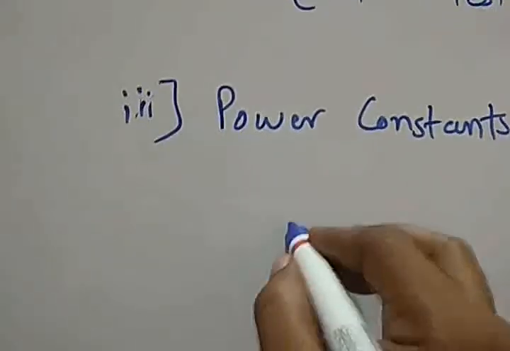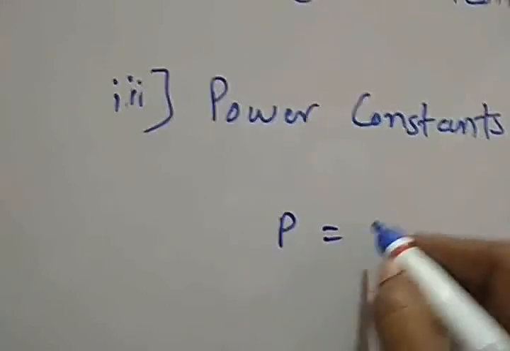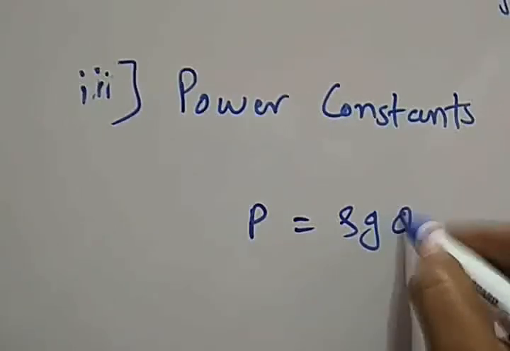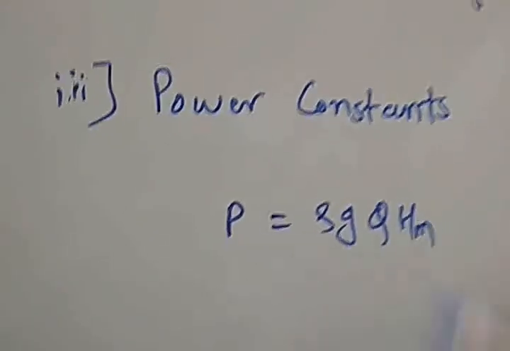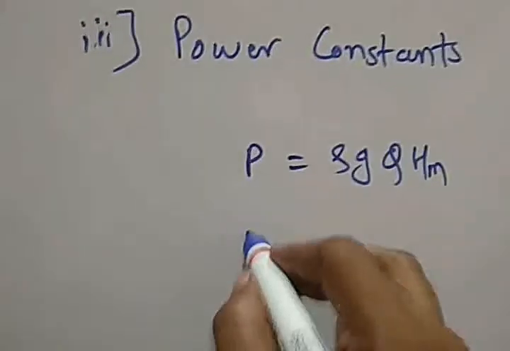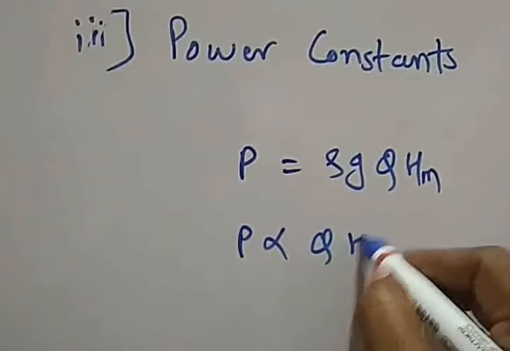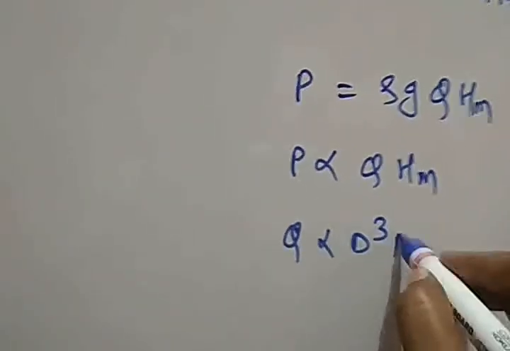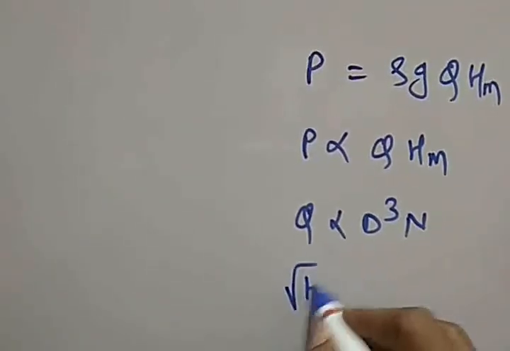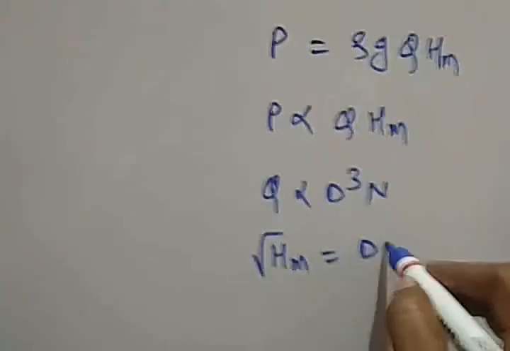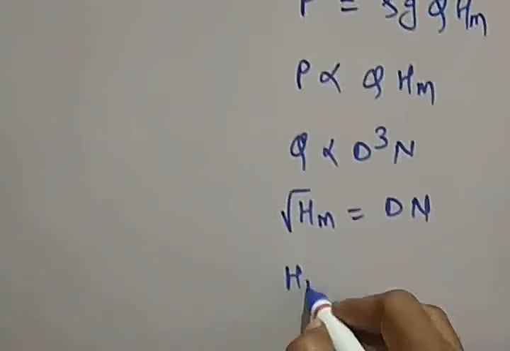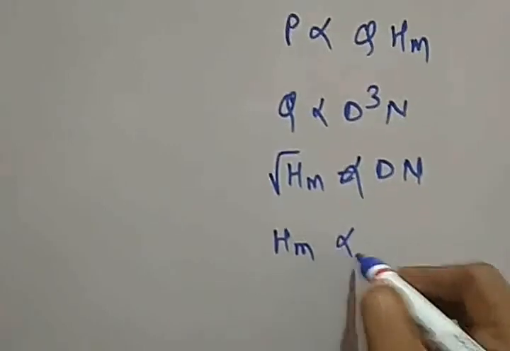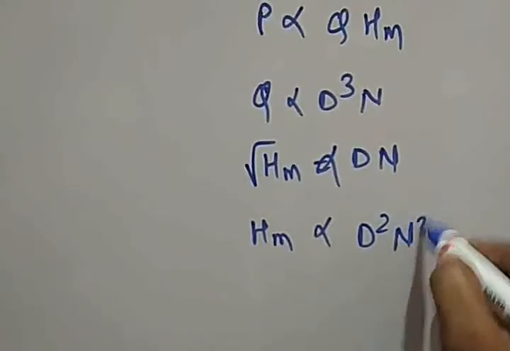Next is power constant. Now we know that power is equal to rho g q h, where h is h manometric. Hence power is proportional to q and hm. Now we know that q is proportional to d cube n and root hm is proportional to dn. Hence hm is proportional to d square n square.